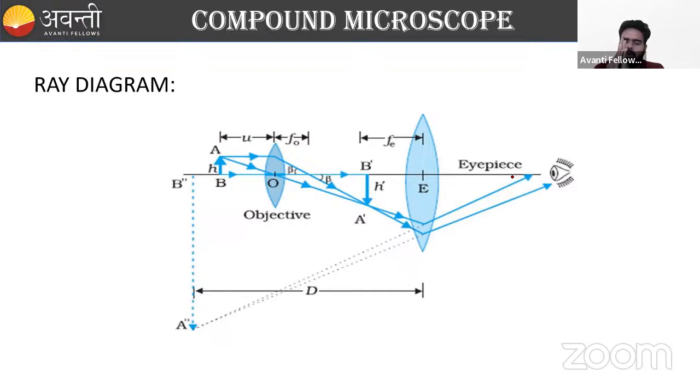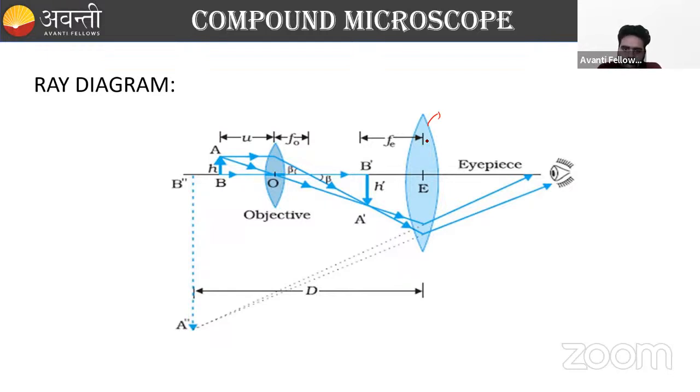So the lens closer to the human eye is larger in aperture as compared to the objective lens. One should know the reason, the logic behind it. Why are we going to choose a larger aperture eyepiece lens as compared to the objective lens?